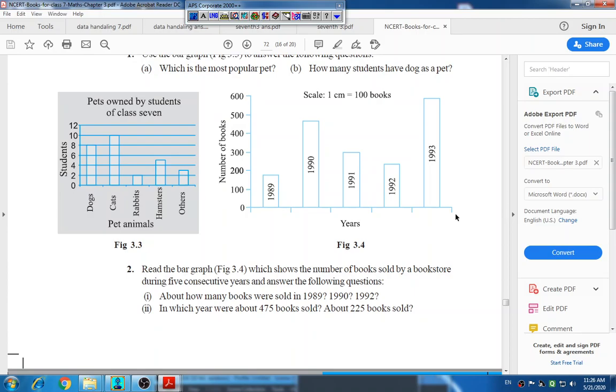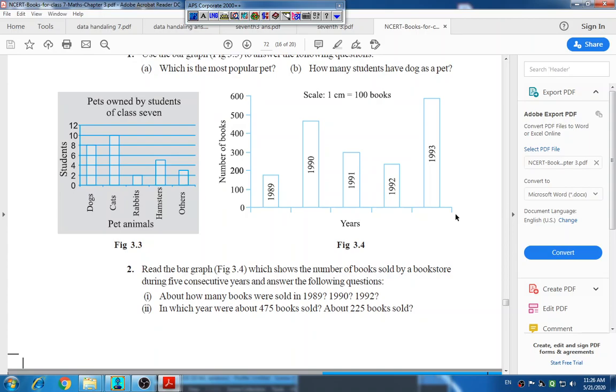So the question is, read the bar graph which shows the number of books sold by a bookstore during 5 consecutive years and answer the following questions. About how many books were sold in 1989, 1990 and 1992? You can see this nearby.